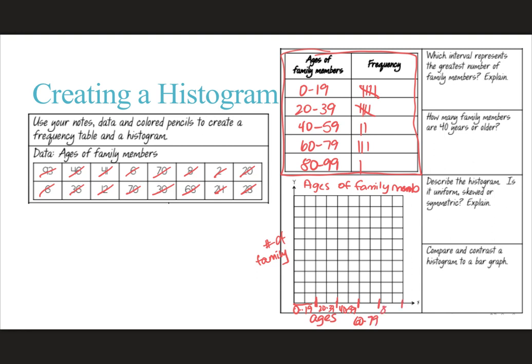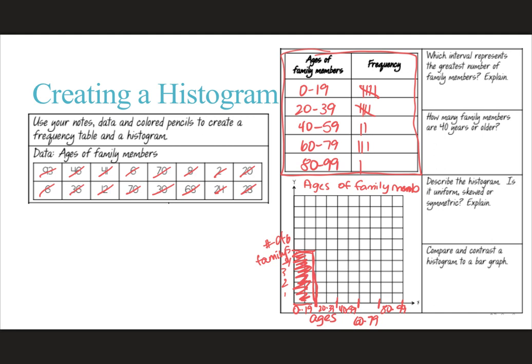And this will be 80 to 99. All right, and then we're just going to count up the side. There we go. So I got 5 for that first interval. So you draw the boxes and then you color them in.